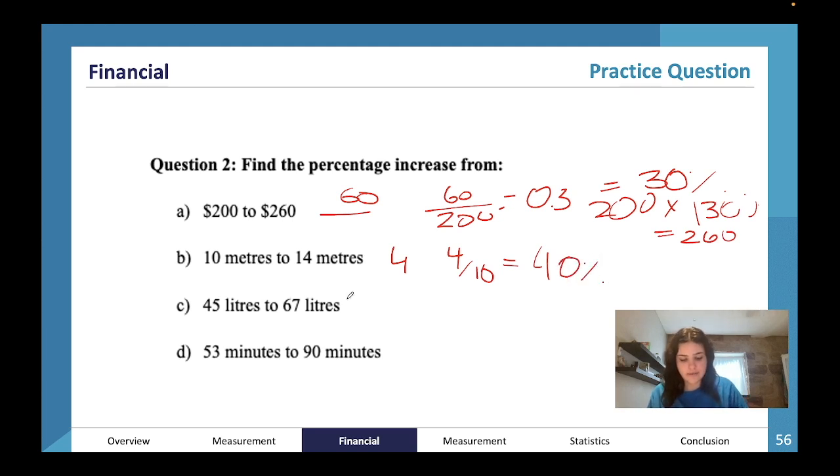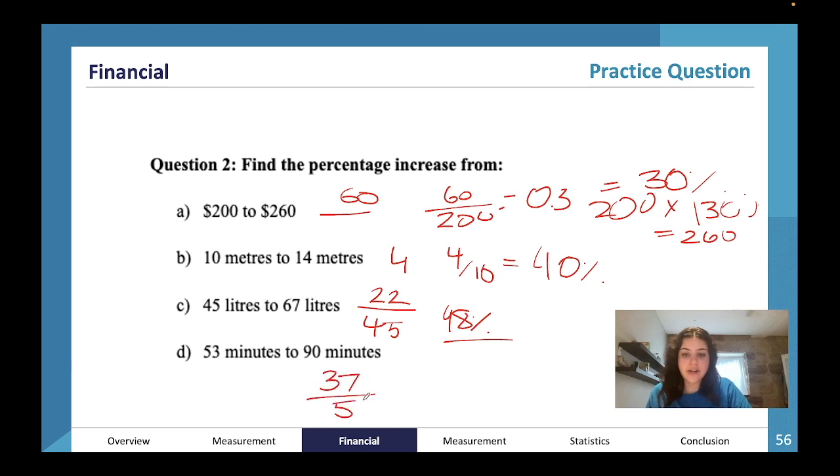All right, 45 liters to 67 liters. We need to find the difference. 67 minus 45 is a difference of 22 liters. We have to divide by our original amount, 45. 22 over 45 is 0.48. So we're going to say a 48% increase. 53 minutes to 90 minutes. We're going to find our difference. 90 minus 53 is a 37-minute difference.